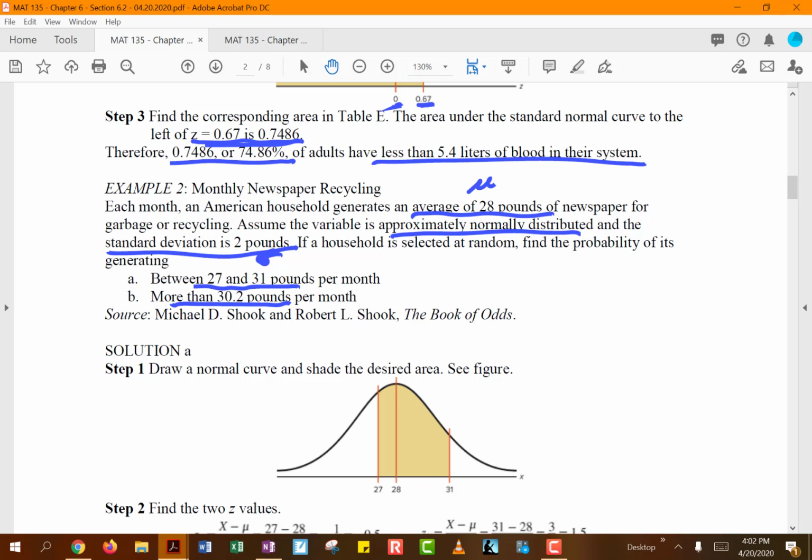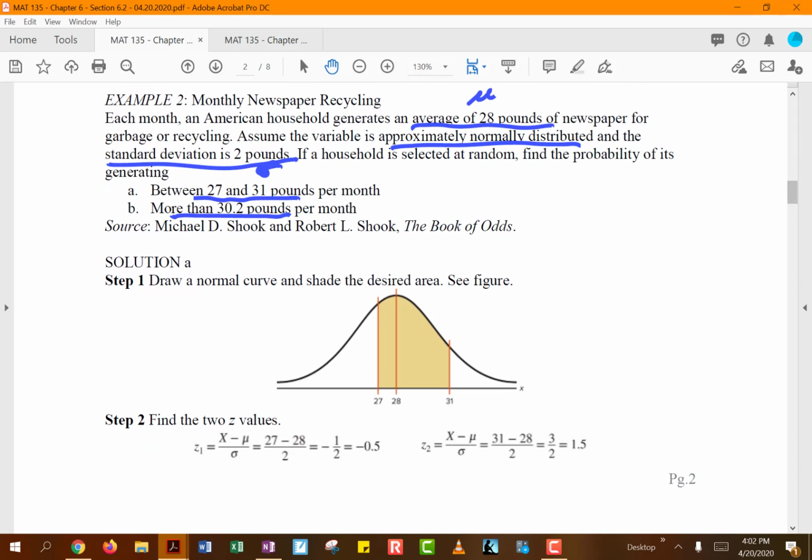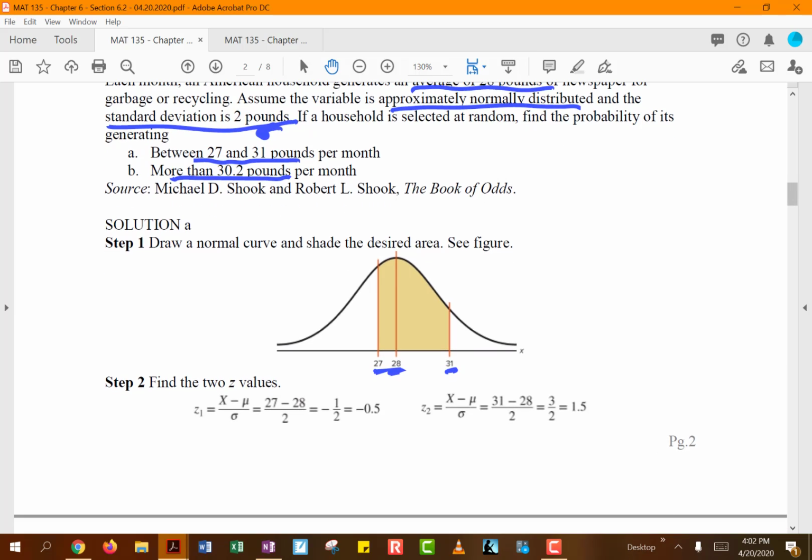So let's look at that first one over here. So we know on an average they are generating 28 pounds of newspapers. Now we want to know what is the probability that American households are generating between 27 to 31 pounds of newspaper, right, for garbage or recycling. So you're going to take each data value, so that's 27 and 31.